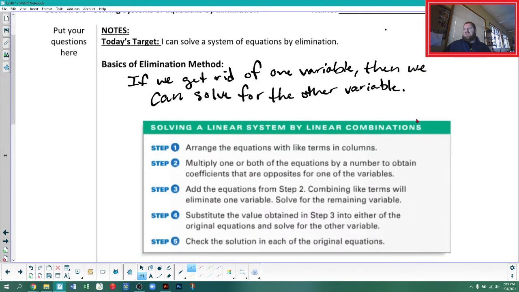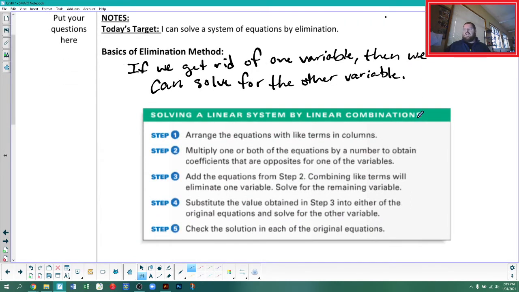So looking at how to use the elimination method, the first step says to arrange the equations with like terms in columns. What I think of when I'm looking at that is I want my x's, my y's, and my equal signs stacked.